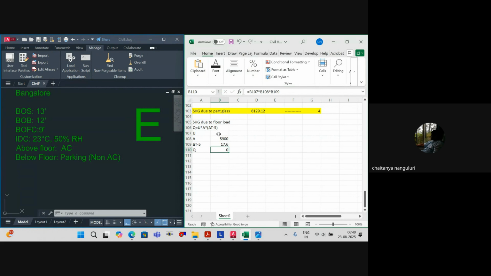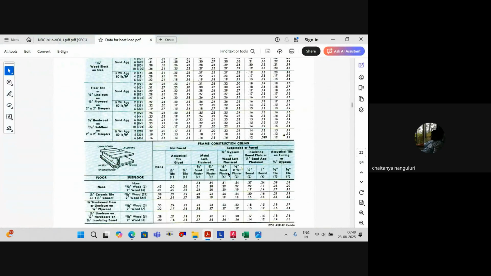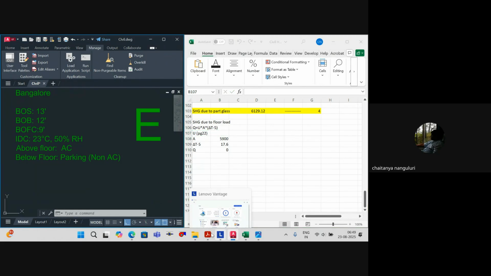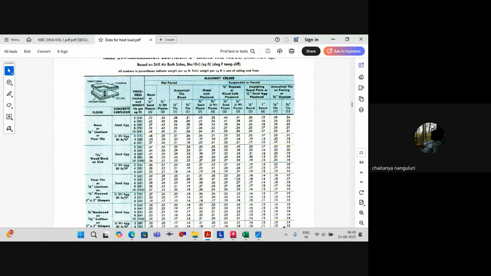This is page number 29, right? 22, sorry, page number 22. You get the U factor on page number 22. This depends on our material. So we'll consider a slab thickness of around 6 inches, 150 mm.